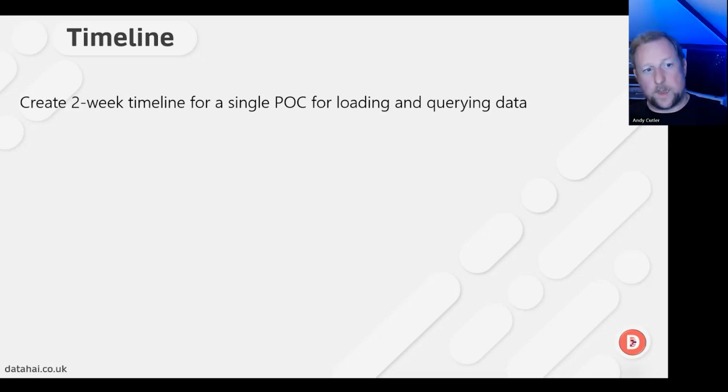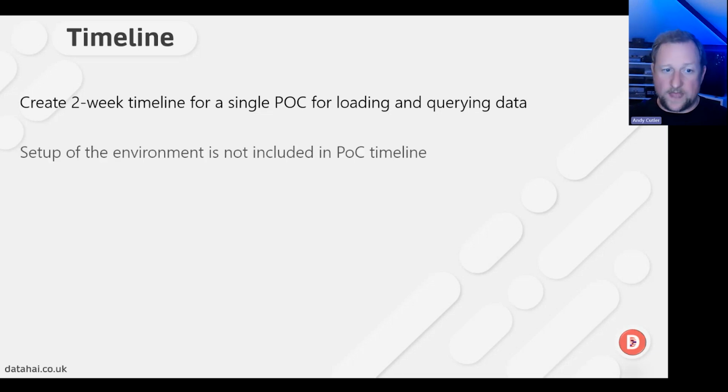Now, a 2-week timeline for a POC sounds quite aggressive. What that does mean is that you're setting up your environment beforehand, so that on day one, you're not setting up workspaces or capacities. So perhaps your very first proof of concept is setting up the environment.